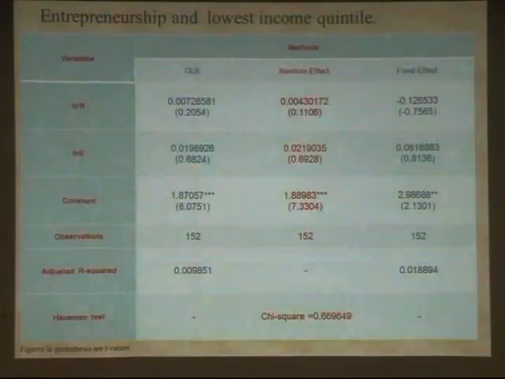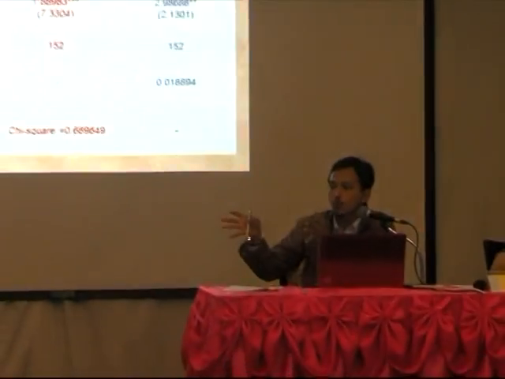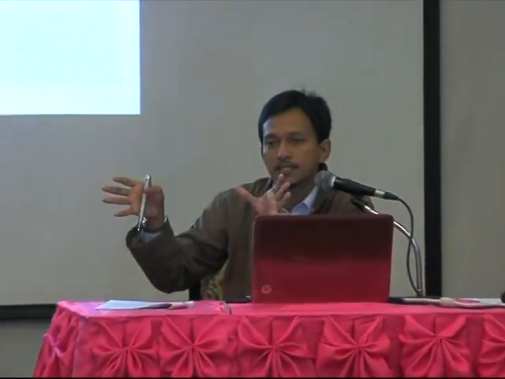OLS model in econometrics, they begin with this model. The OLS model will not consider the province-specific effect. Province-specific effect means if there are two provinces beside each other, OLS will consider them separate, with no effect between provinces.